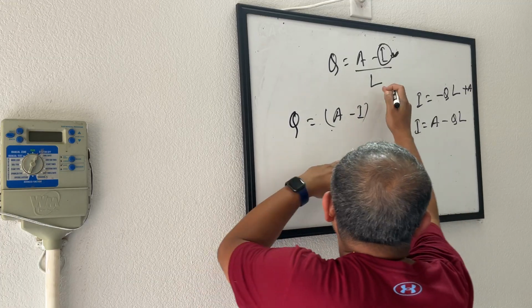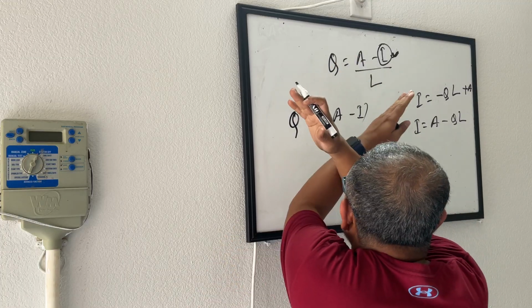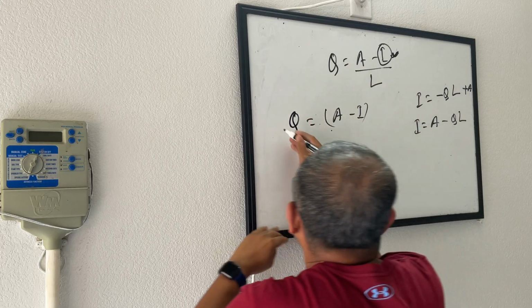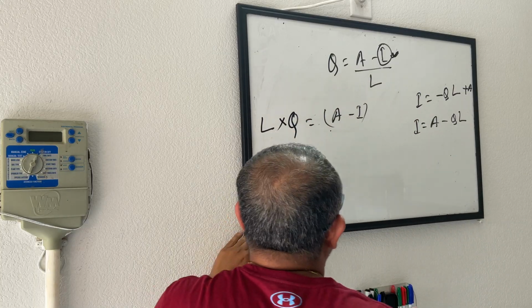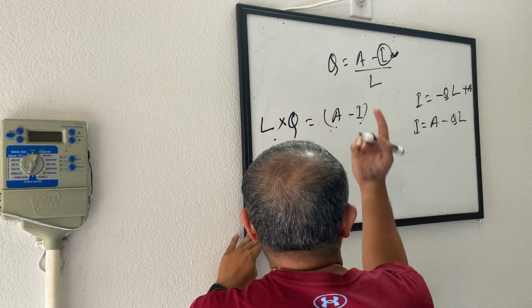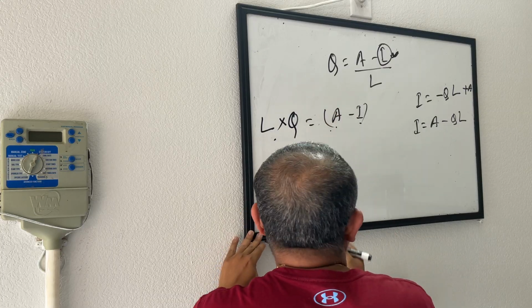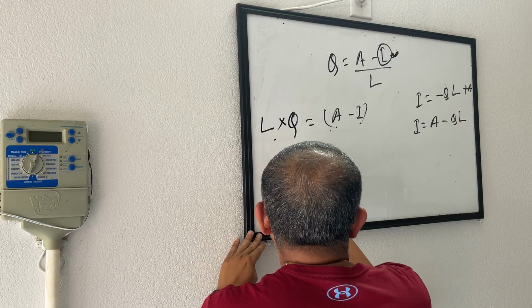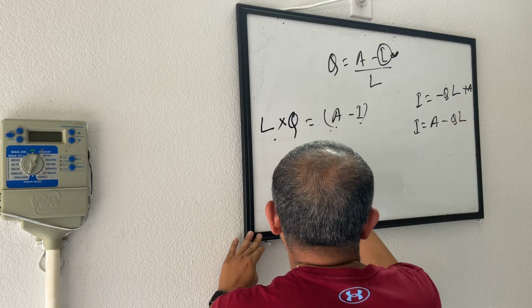So first, let's move this L to the other side. From the bottom it will go to the top and become Q into L. So A minus I equals L into Q, or Q into L, or QL, LQ, whatever you want to name it. Let's say QL. Everybody has given QL, so I'll keep it QL.